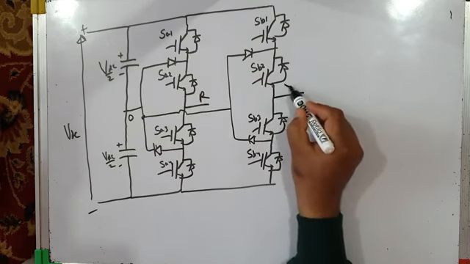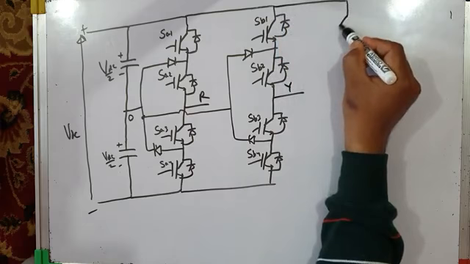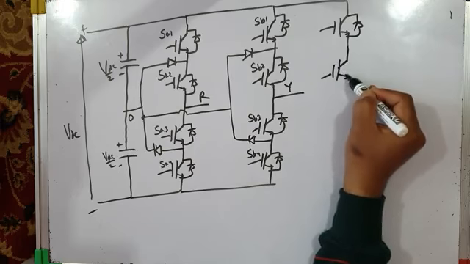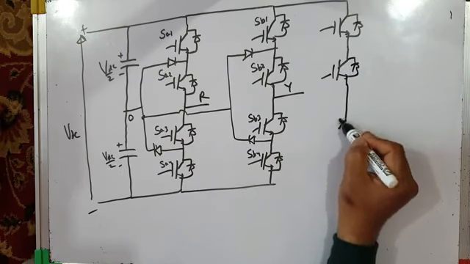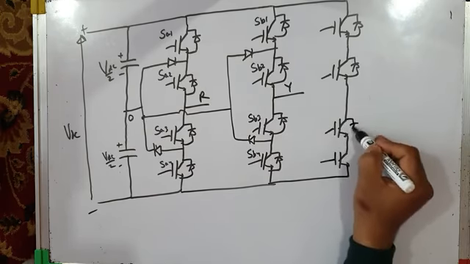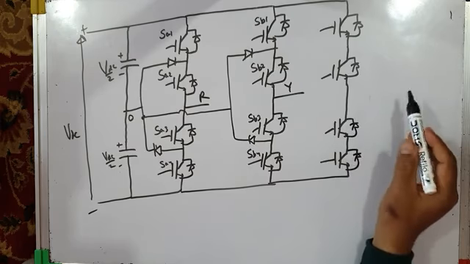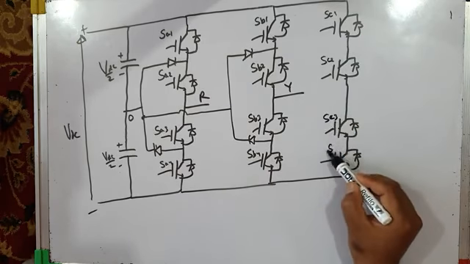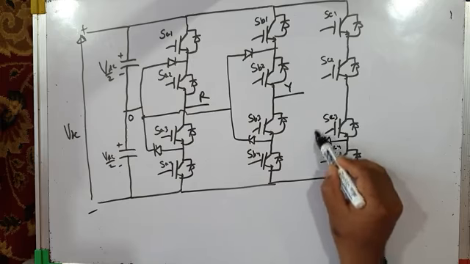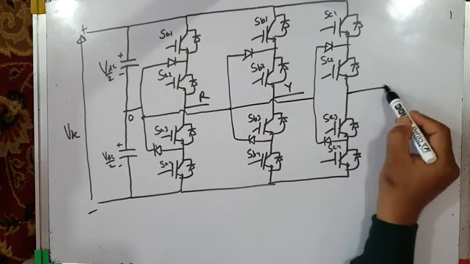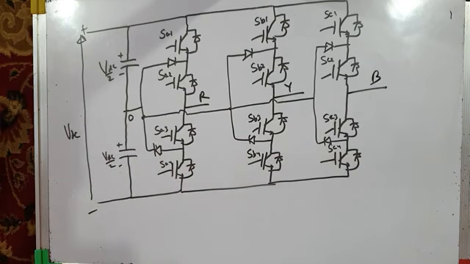So this is pole or phase Y, and similarly for phase B, something like this. These are switches SC1, SC2, SC3 and SC4, and these are the clamping diodes. Okay, like this. So this is the electronic realization of a 3-phase, 3-level or neutral point clamped converter.